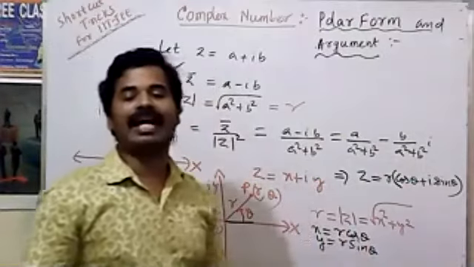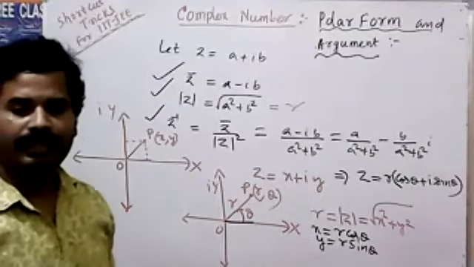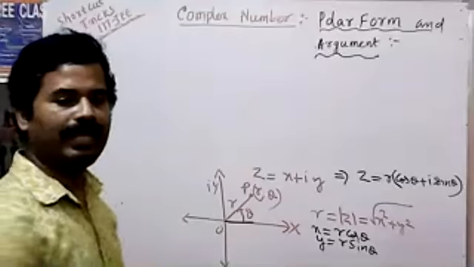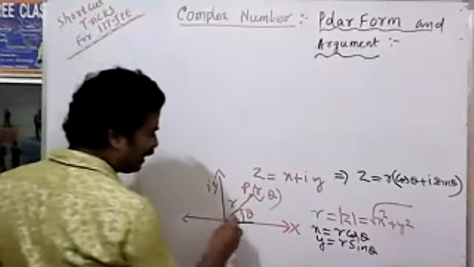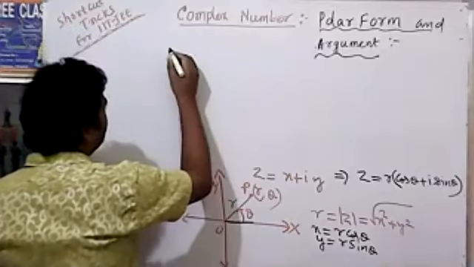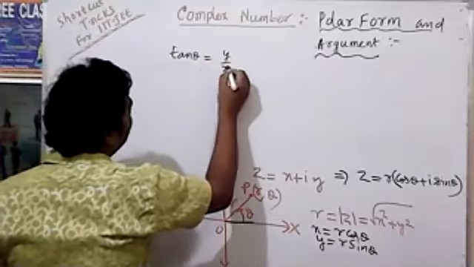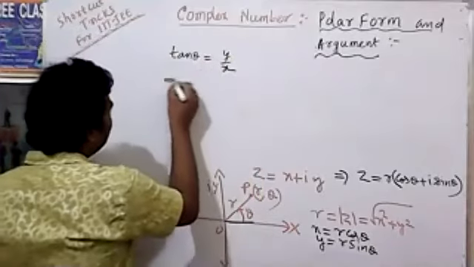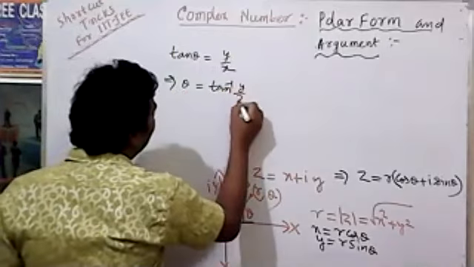By combining x and y, we get the theta value. Theta is the argument here. If theta is the argument, then tan theta is equal to y by x. That's why theta is equal to tan inverse of y by x.